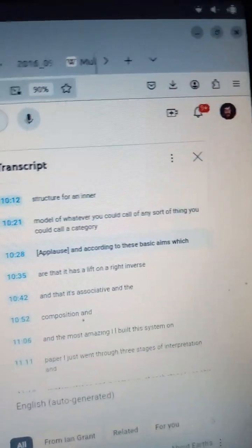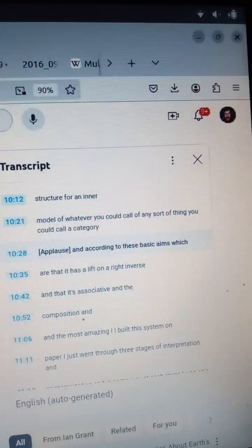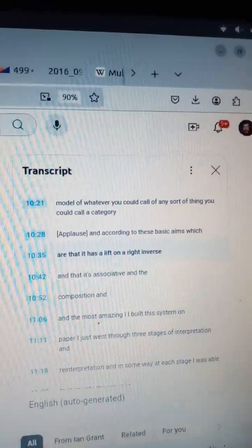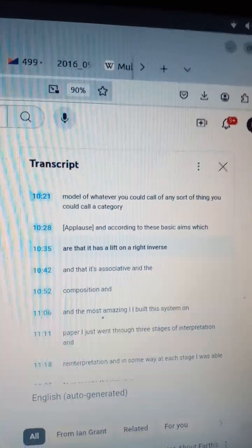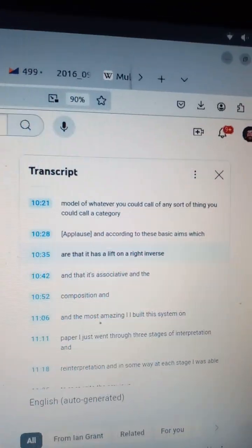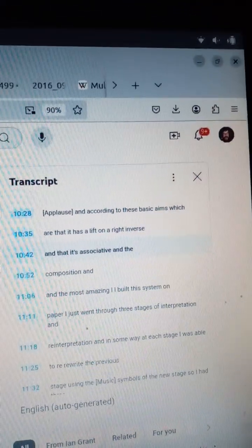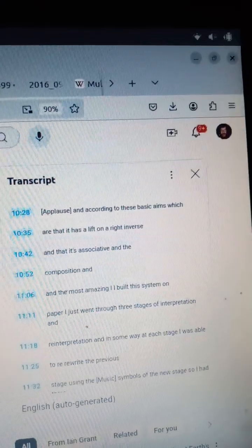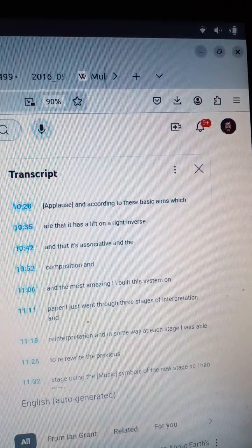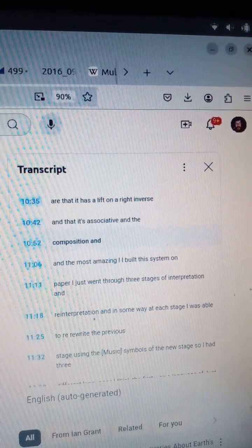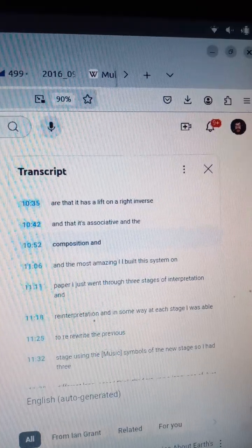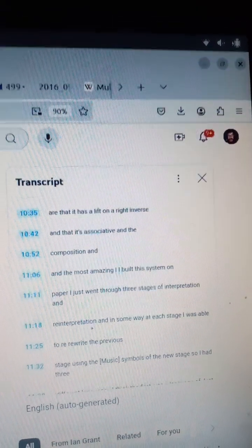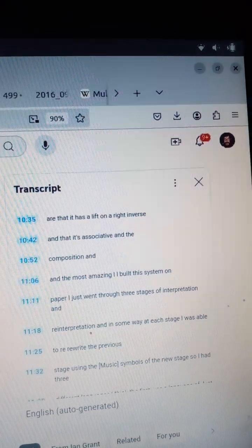And according to these basic axioms, that it has a left and a right inverse. Wait a minute, the music comes up in a second. That it's associative in the composition. And here comes the music at 11:32.